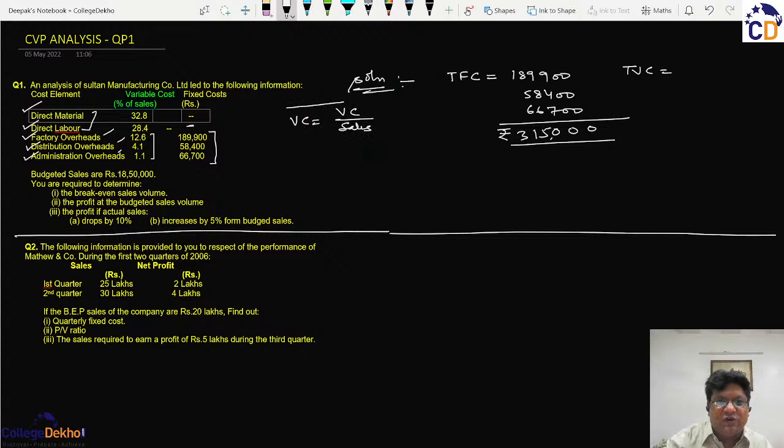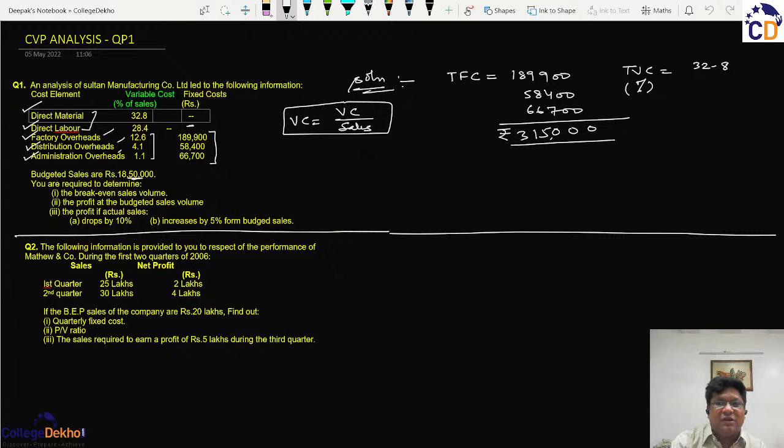In this ratio, if we take the variable cost per unit, then in the denominator we will take the selling price, and if the total variable cost is in total, the sales will be in total. So here the total variable cost has been expressed as a percentage of the overall sales of 18,50,000.